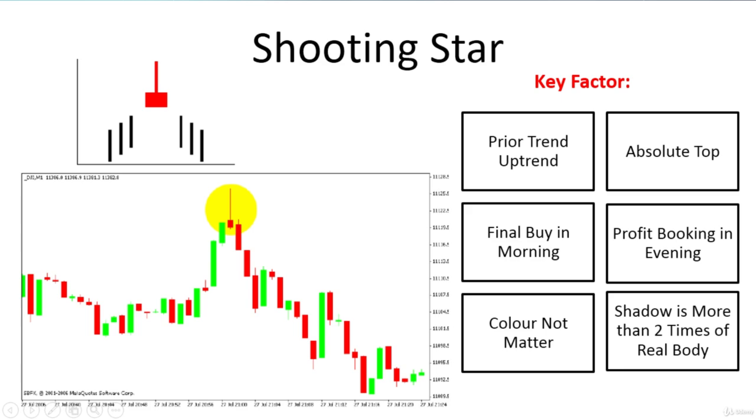Before finalizing the shooting star, we again consider various key factors. The first and foremost factor is that the prior trend is an uptrend. The position is an absolute top. There is final buying in the morning and profit booking by the buyers later. Color does not matter, whether it is red or green.